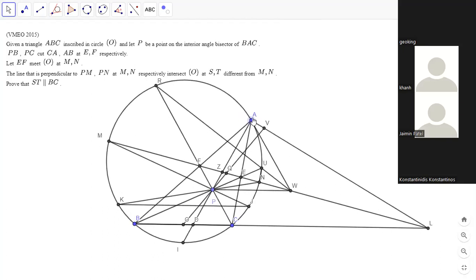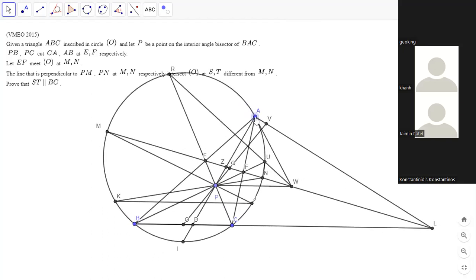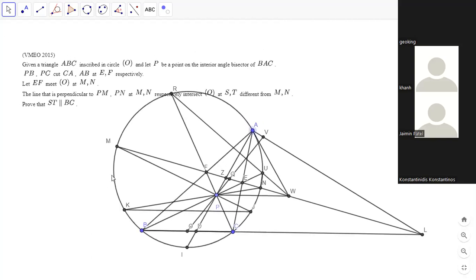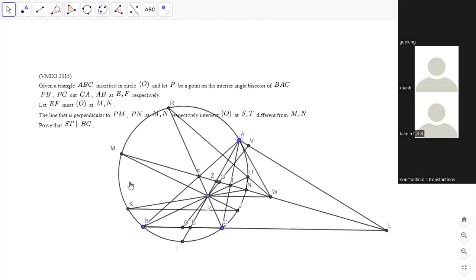All right, so I'm going to make some room for the proof. Let me shrink the diagram a little bit just so I can have some room to type it up.